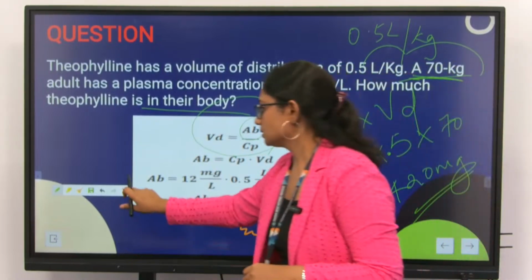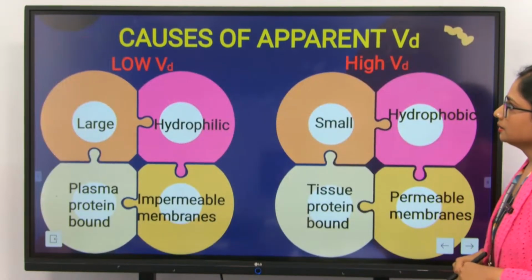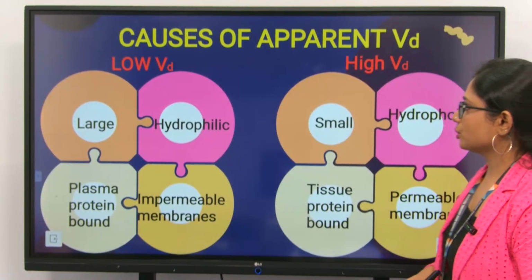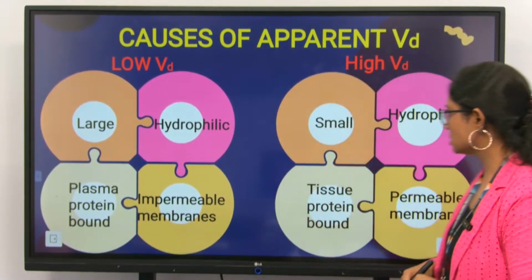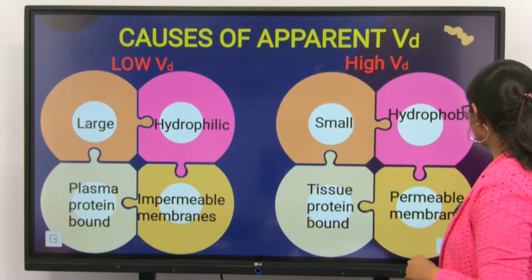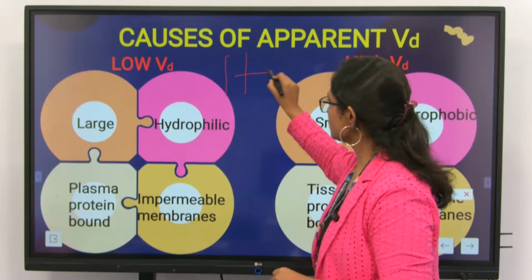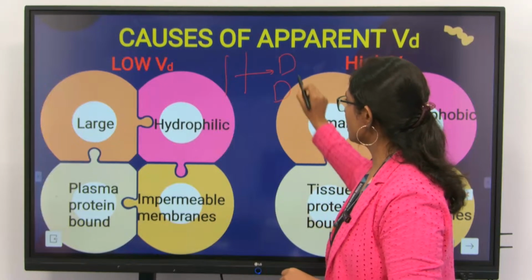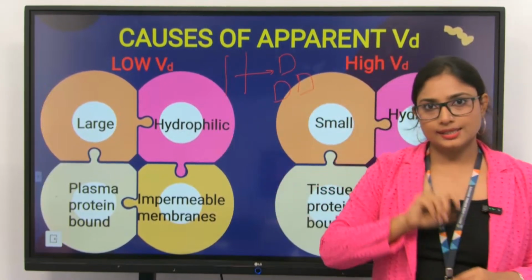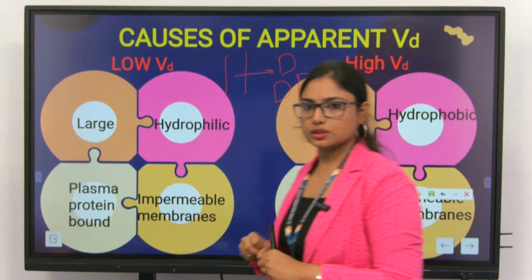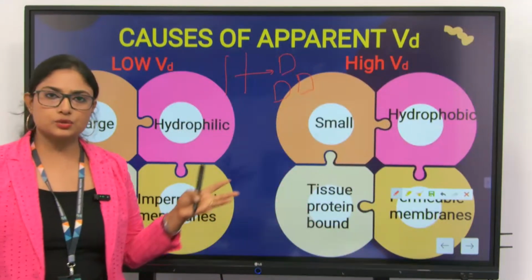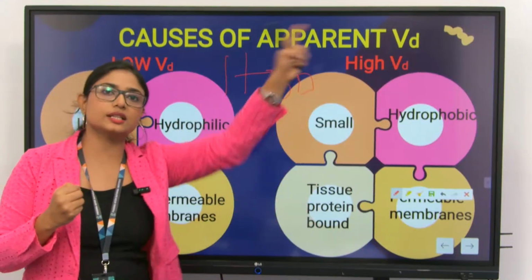Now, causes of apparent volume of distribution. What is distribution? It is the movement of drug from the bloodstream to the tissues or the organs. If the drug shows a low volume of distribution, that means only a small amount of drug is reaching the site of action.